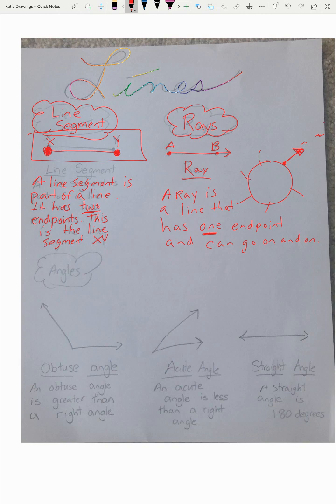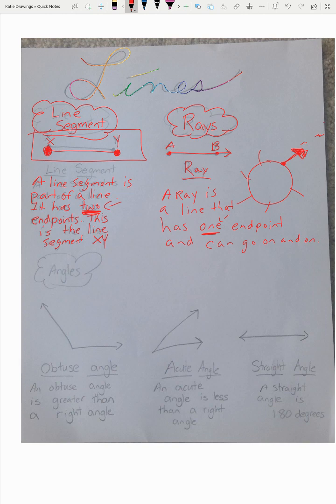That's not the technical term, but that's the Mrs. B term for a ray. So it's basically one endpoint, where this one had two. Remember this number had two. This one has one endpoint, and then it goes on and on and on. Infinity.